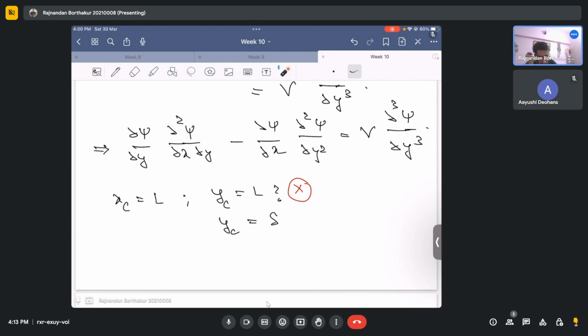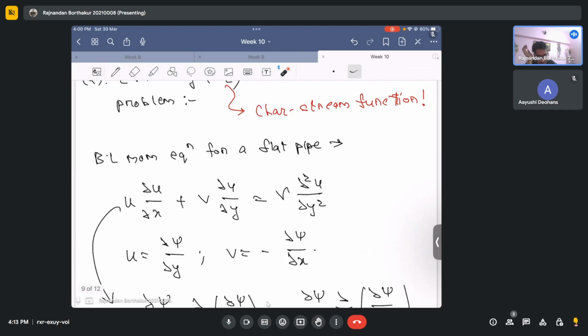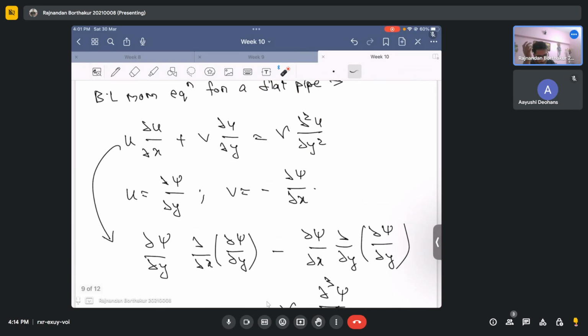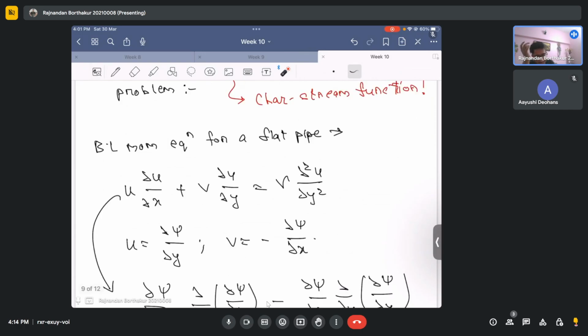If you choose your xc and yc as just L, and then you non-dimensionalize the x momentum equation, you will get a term of 1 by Re_L here, basically.